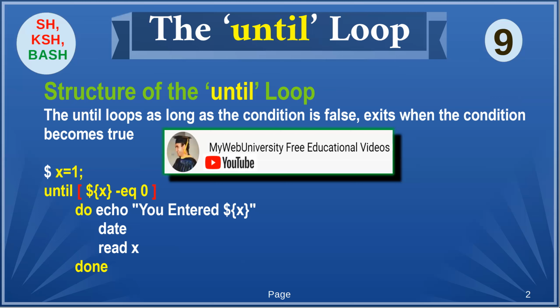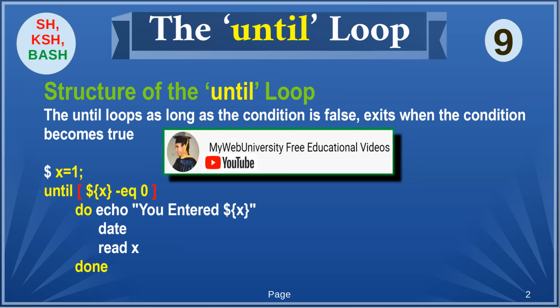So it's opposed to a while statement. It checks the condition. If it is false, it executes. If it is true, it doesn't. In the example in front of you, x is equal to 1. In Linux or Unix and computer science, true is represented as 1 and false is represented as 0.